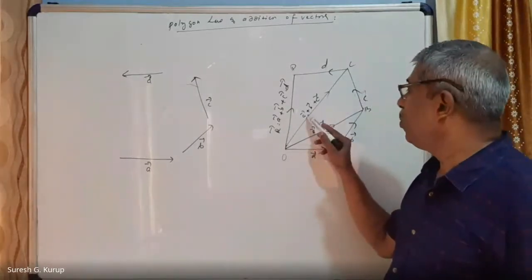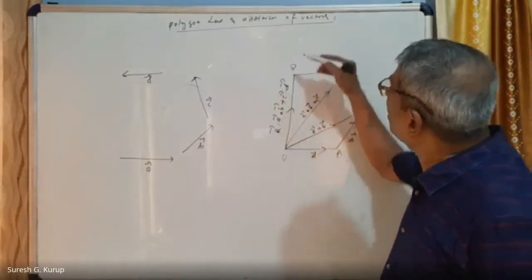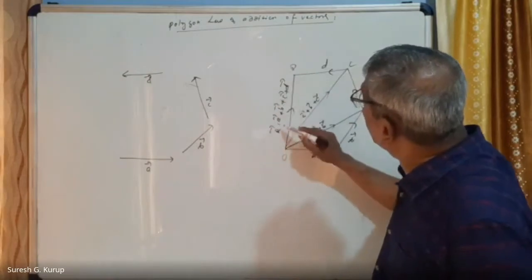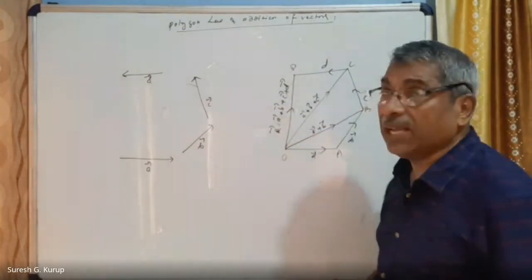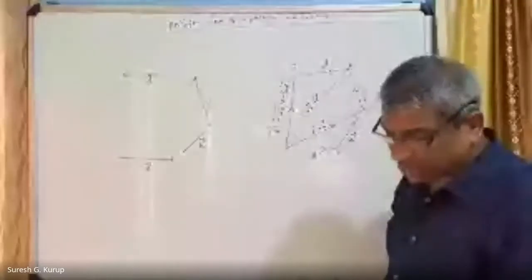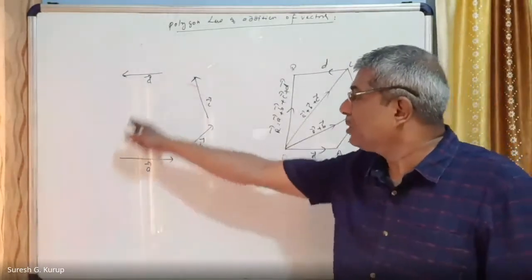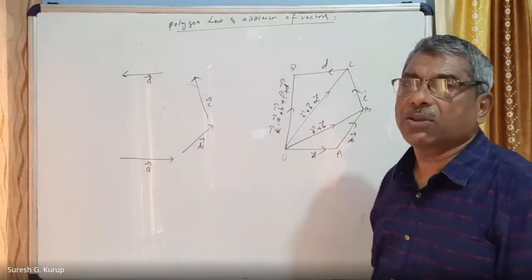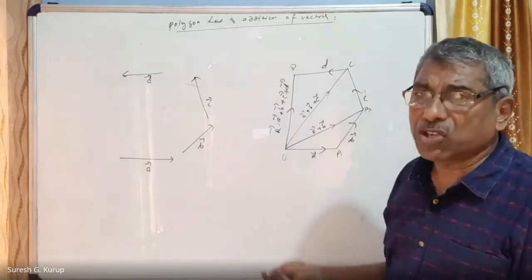Vector OC is equal to vector A plus vector B plus vector C. So plus D, you will get the resultant of all these vectors acting on the body. And these vectors have different magnitudes and directions, and can be adjusted by the different sides of a polygon in magnitude and direction.